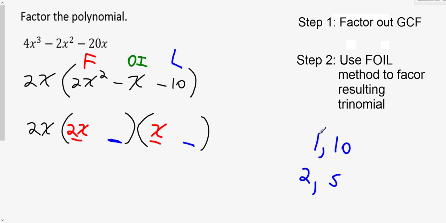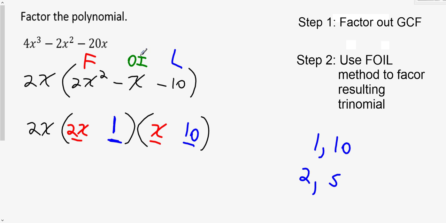For instance, if I'm going to use the 1 and the 10, I wouldn't be able to put the 10 in this parenthesis here, because the 10 has a common factor of 2 with the 2, and I'd be able to factor a 2 out. But I've already taken out the GCF. So when you're trying to place these numbers, make sure you don't put a number in a parenthesis with another number that has a common factor with it. So I couldn't put the 10 here. It would have to be the 1 here, which would mean the 10 would have to go here.